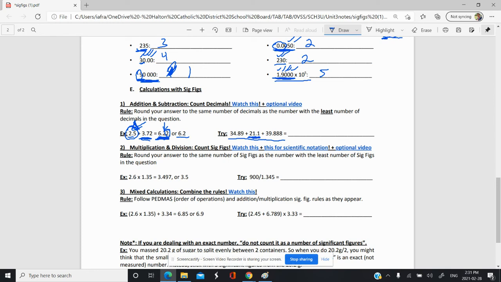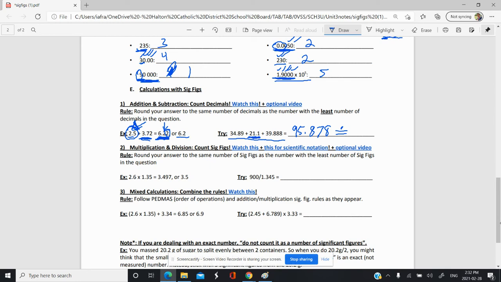We're going to plug this into our calculator, 34.89 plus 21.1 plus 39.888, and we get 95.878. But remember, we have to have the correct number of significant figures. So I'm going to put is equal to, I'm going to estimate here, I'm going to round here. I'm going to put a dot there to show I'm rounding.